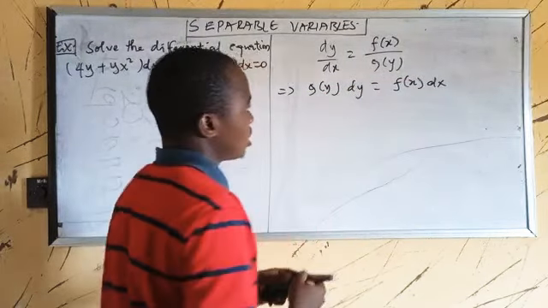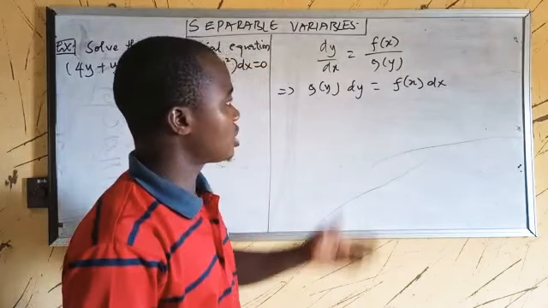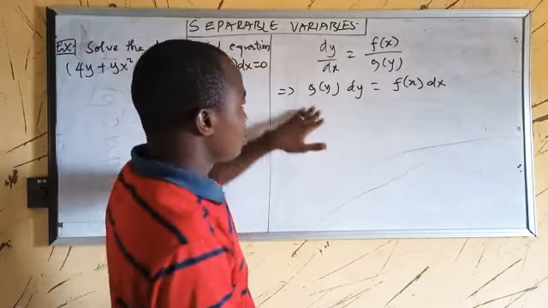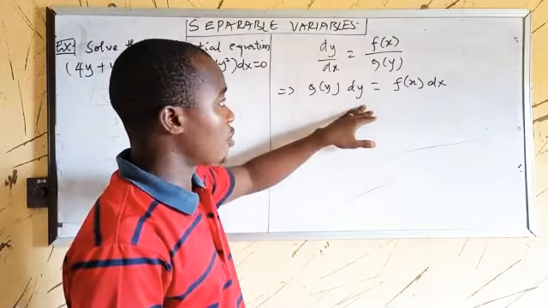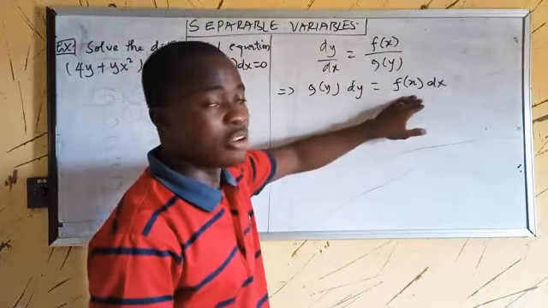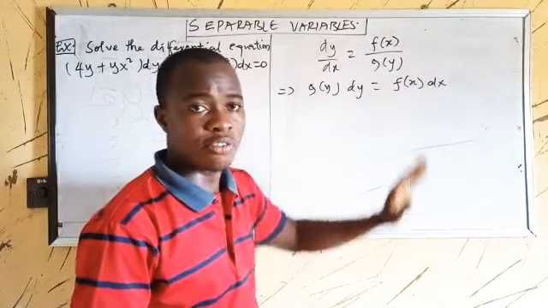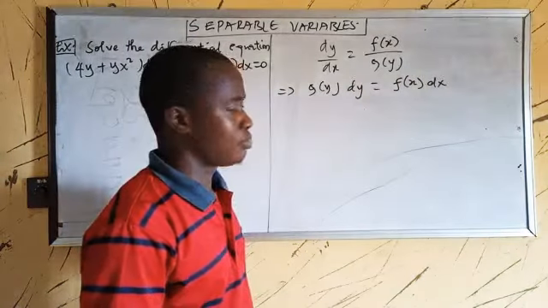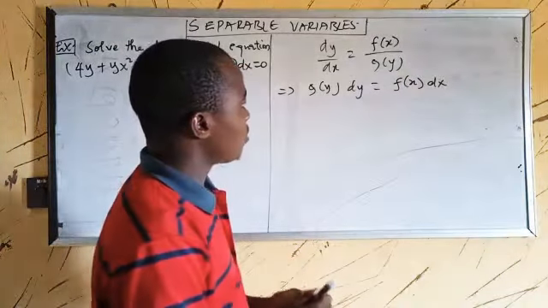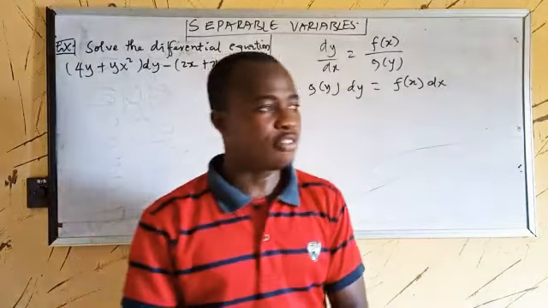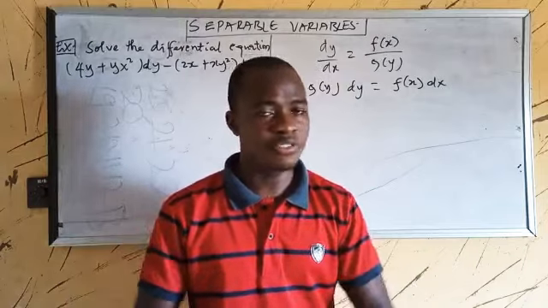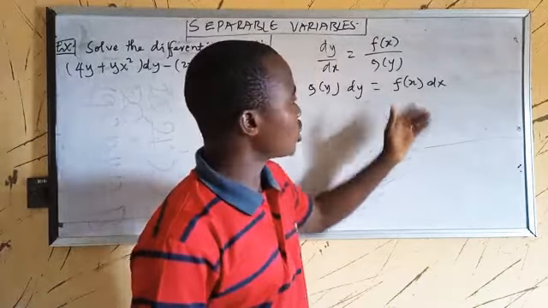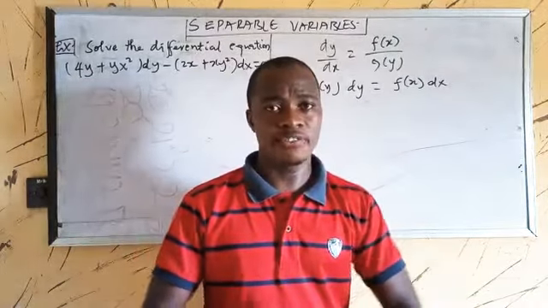So what we are trying to say is that you can see we have the variable y with the differential of y, and at the same time we have the variable x with the differential of x purely. Therefore they are separate. We have the function of y and its differential separately, and the function of x with its differential separately.